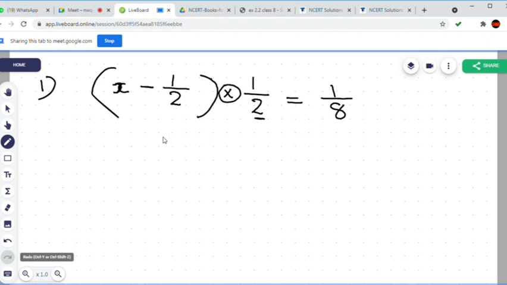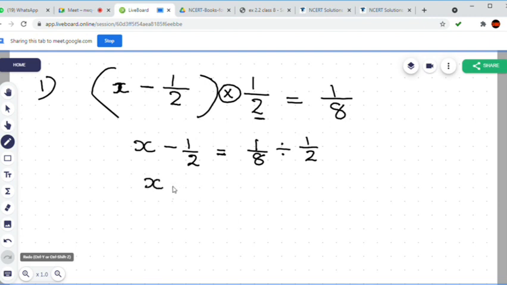I think that is somewhat easier. So you can write the next step as x minus 1 by 2 is equal to 1 by 8. Then on the left side we see multiplication, so we do division on the right side, the reverse operation: 1 by 8 divided by 1 by 2.